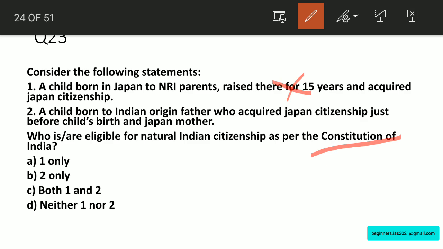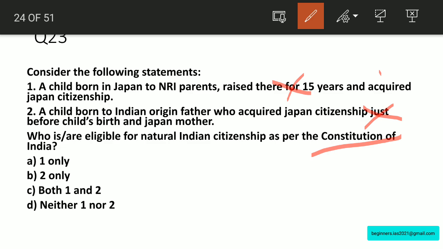The child can acquire Indian citizenship through descent under the Citizenship Act 1955. What about statement number 2? See, the father is of Indian origin but he possesses Japanese citizenship. The child can acquire Indian citizenship through descent under the Citizenship Act 1955. It is also not mentioned in the Constitution.